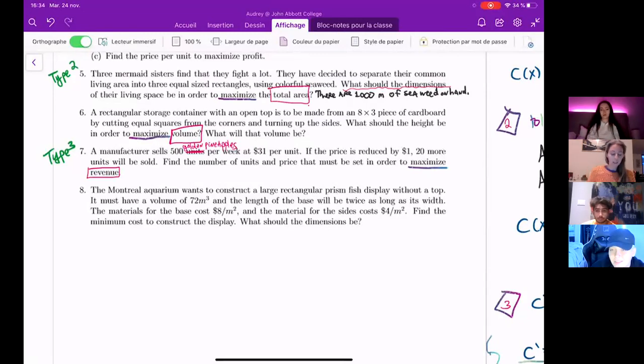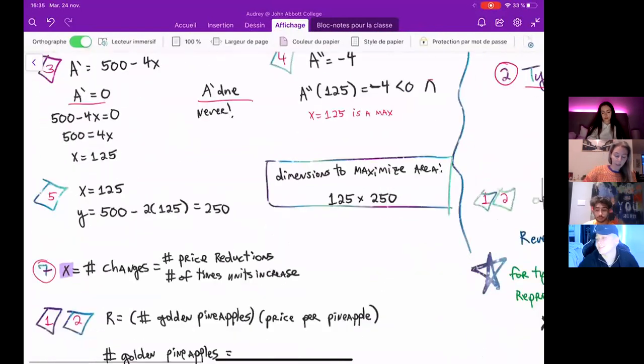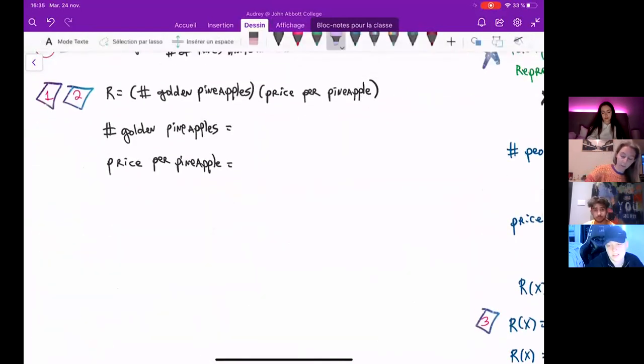And when my units increase, how many are they increasing by at a time? Am I increasing slowly by 1 unit at a time, or? So I've got 500 golden pineapples to start. Good job, Sandy. I'm then increasing by 20 units. So what that means is that this is going to be 500, my base number of pineapples, plus 20, the number it's changing by, X.